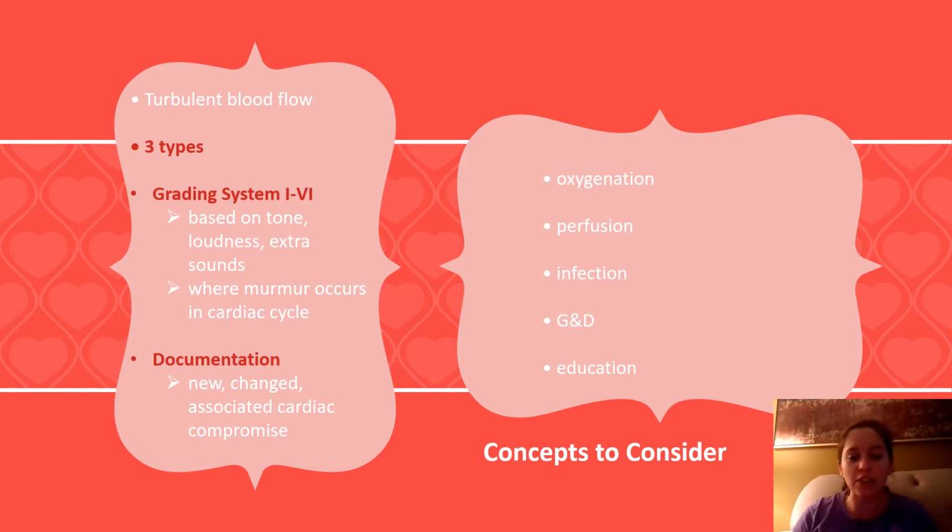Remember the different parts of the chest that we listen to: the aortic, the pulmonic, the Erb's point, and the mitral area. Where you hear it on those spots can also be significant as to where the murmur is occurring in the heart. But those are more advanced skills. You just need to know these basic pieces of what we have on the slide here.